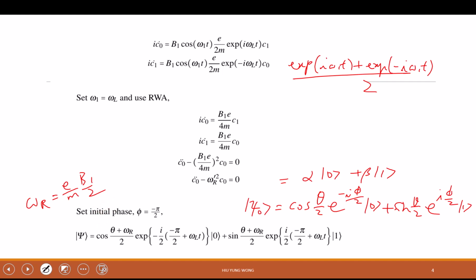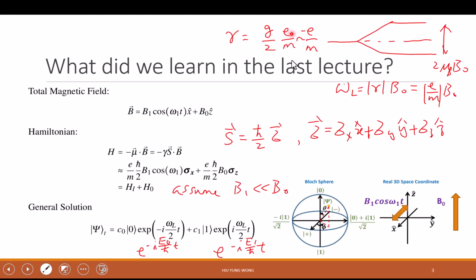And of course, this is actually the gamma times B1 divided by 2. Of course, I need to put an absolute value because gamma is negative. Whenever you see E divided by M, it actually is gamma, because gamma equal to E divided by M times G divided by 2. For electron, it's negative E divided by M, negative 1.